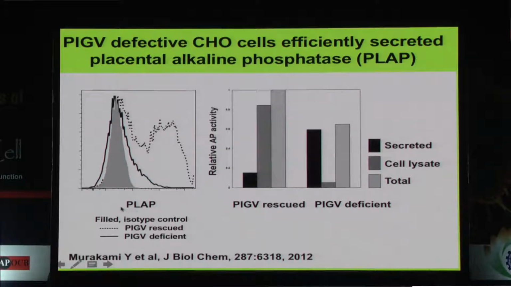If you transfect the placental alkaline phosphatase cDNA into the PIGV deficient CHO cells or the PIGV rescued wild type cells, the alkaline phosphatase is expressed on the surface of the wild type cells very well. But in the PIGV knockout cells, the surface level is very, very low.